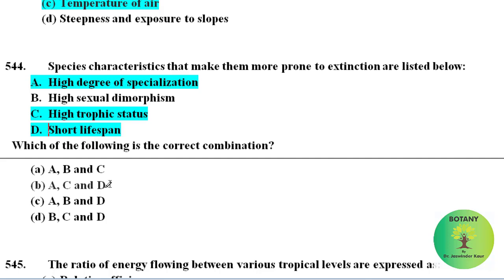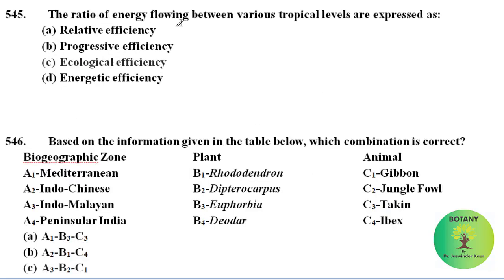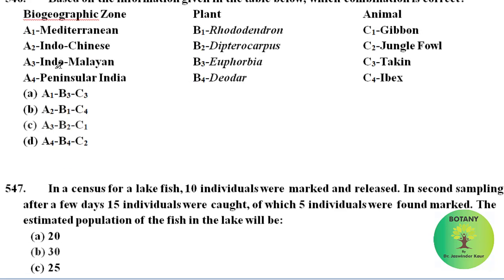So among these, option B is correct, that is A, C and D, because high degree of specialization, high trophic status and short lifespans, these are the characteristics that make a species more prone to extinction. The ratio of energy that flows between various trophic levels is expressed as ecological efficiency.